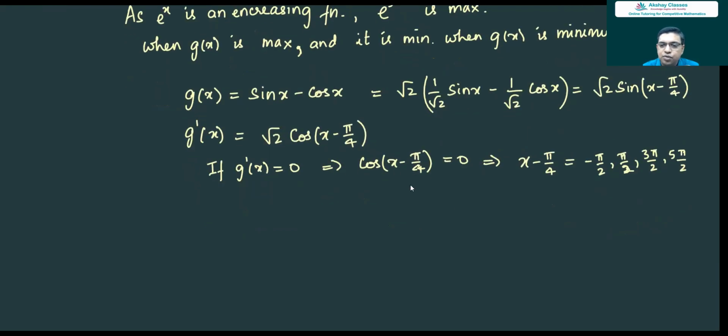Okay. So which means that x will be, add pi by 4 to all of these. You will get minus pi by 2 plus pi by 4, which is minus pi by 4, then pi by 2 plus pi by 4 is 3 pi by 4. Then 3 pi by 2 plus pi by 4 is 7 pi by 4, and 11 pi by 4, and so on.